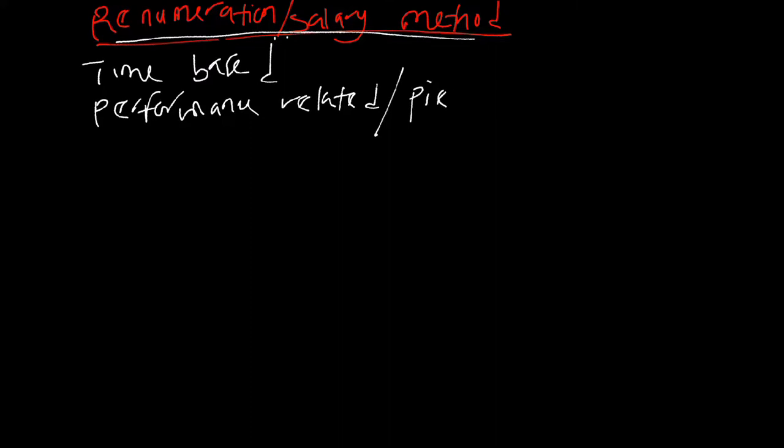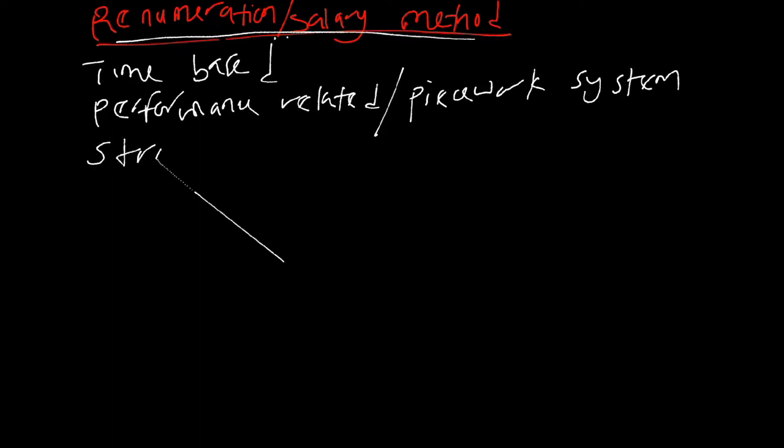The second one is performance related, or you call it the piecework system. They can ask you another name for performance related system, which is also called the piecework system. Another one is straight salary.